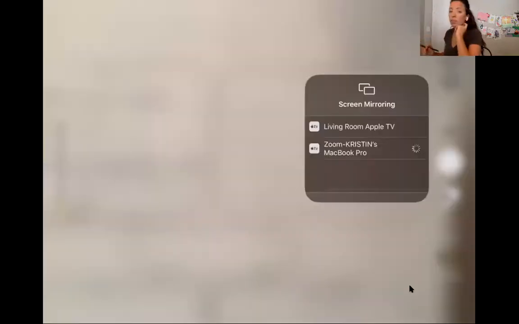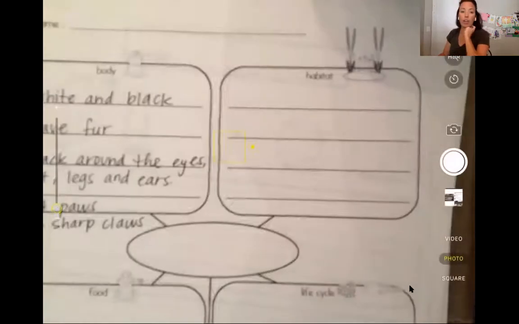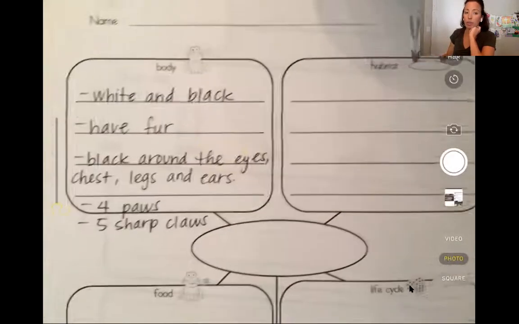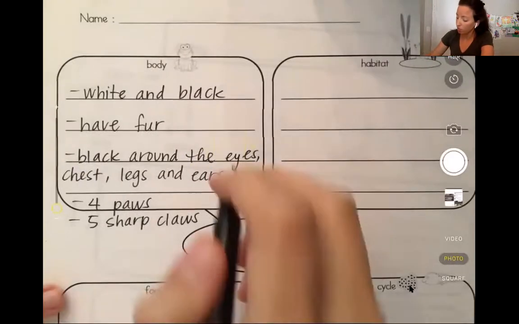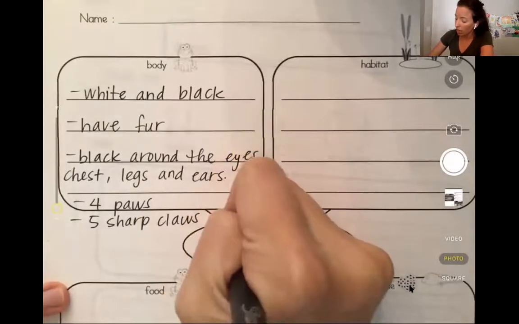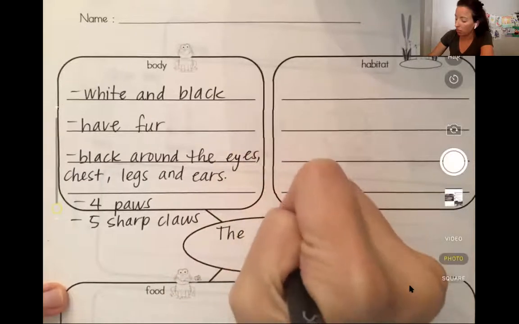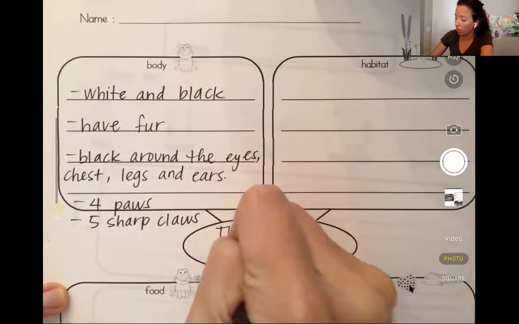And I might go back to look at the title of the book I read, but I'm not going to do that yet. Okay, so here is my note-taking paper.